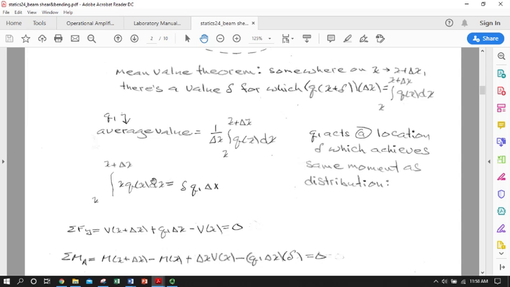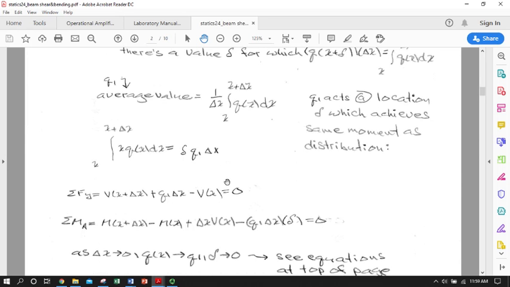We can say that'll be hard to get given that we're already working in a differential element somewhere on a beam, but we can say that that's equal to this position location times q1, which is the average value of the function, the distributed load, times delta x.